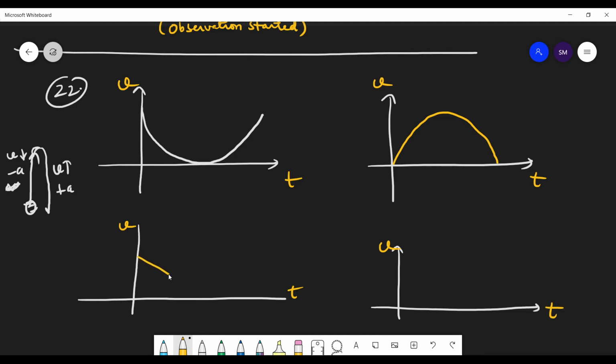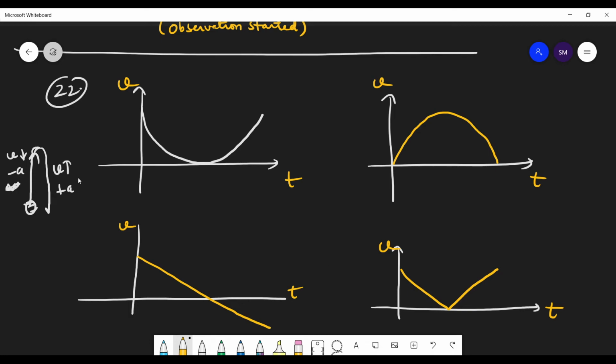And this graph, and we have this graph. So you have two non-linear graphs and you have two linear graphs, right?